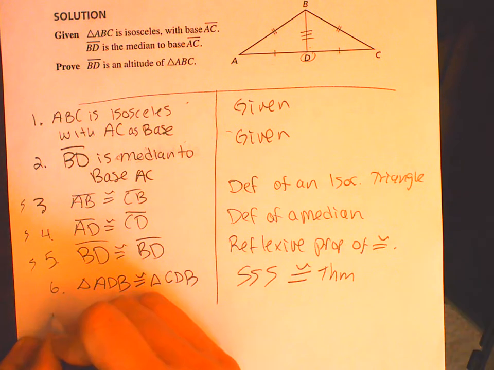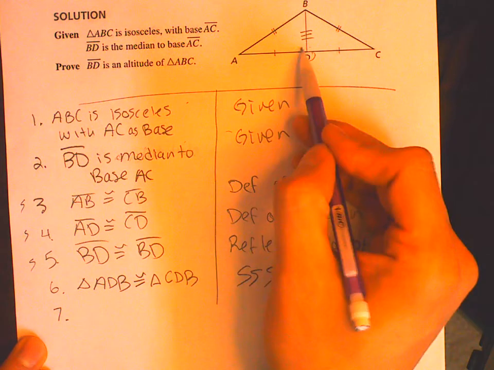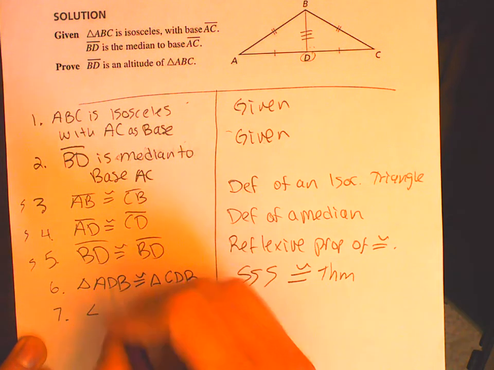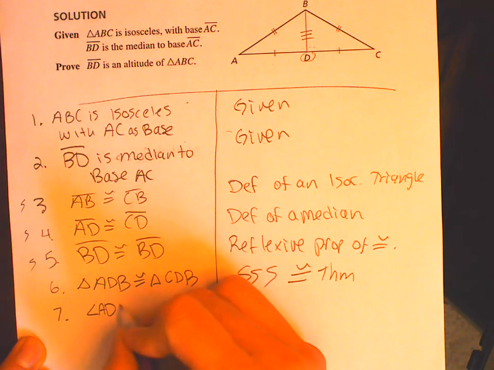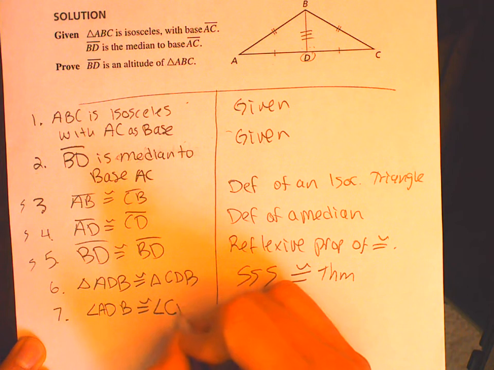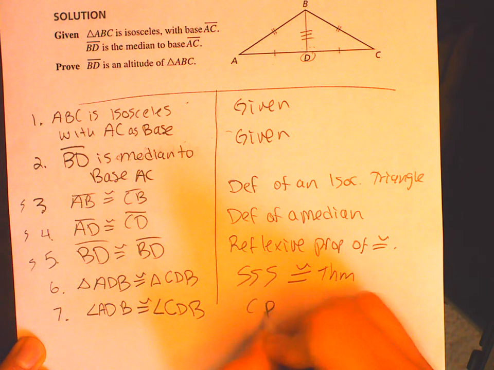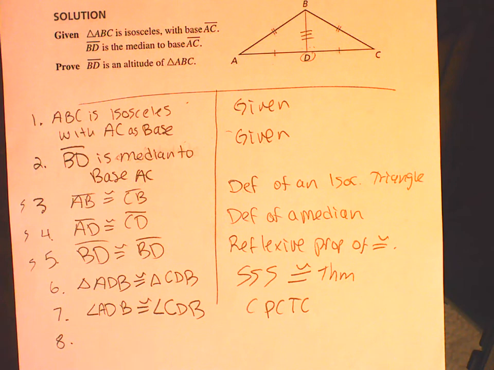So what is that going to imply? That these two angles right here are congruent. So angle ADB is congruent to angle CDB by CPCTC. Now, here's another thing. They are a linear pair. If two angles are both congruent and a linear pair, then they are right angles.